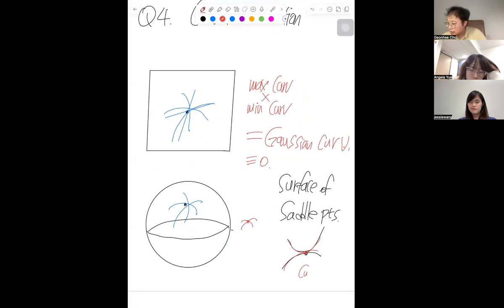So the Gaussian curvature is negative. If the Gaussian curvature is positive, it should be like this, a kind of umbrella. But if the Gaussian curvature is negative, then the behavior of the two curves should be different. It's something like this, like the center point of the surface. In that case, the curvature is now negative.